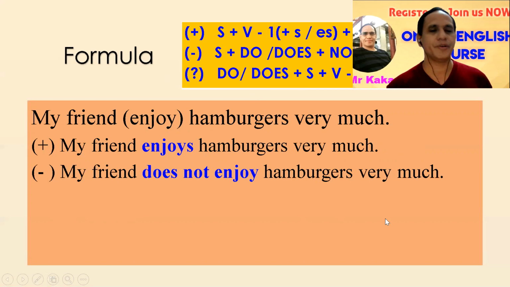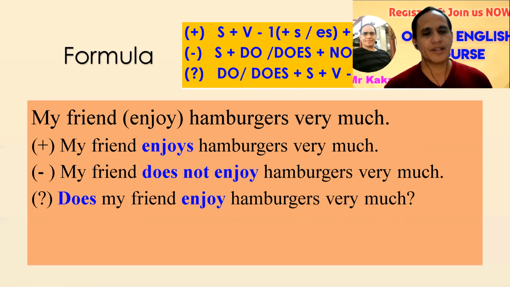If you want to change the sentence into the negative form, it will be: my friend does not enjoy hamburgers very much. And for the interrogative form, it will be: Does my friend enjoy hamburgers very much?